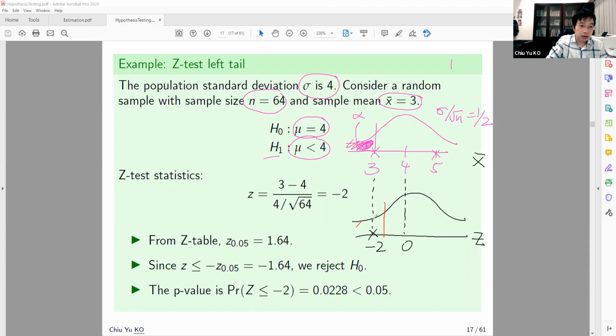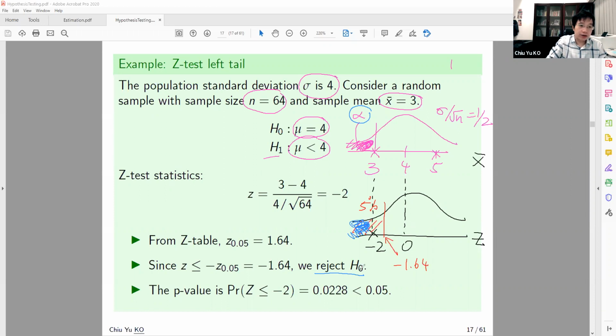If we want 5% here, this number is -1.64. That means less than -2 is way less than 5%, because there's some area here. That's why we will reject, because this is less than alpha.